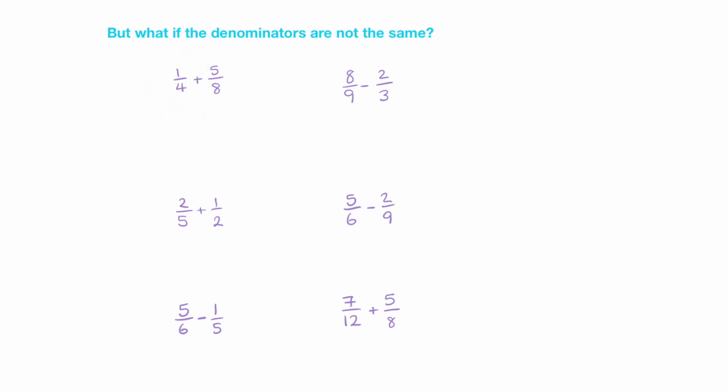We're going to make the denominators the same. So what I want us to do is actually just think about the 4 and the 8, because we know we can make equivalent fractions, okay? So I want us to think, what number do 4 and 8 both go into?